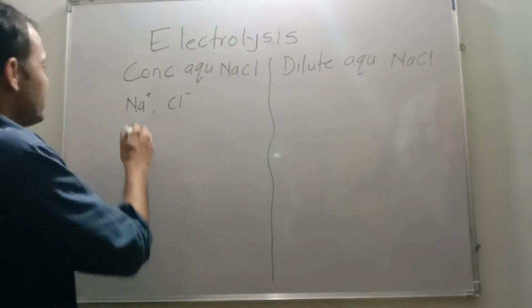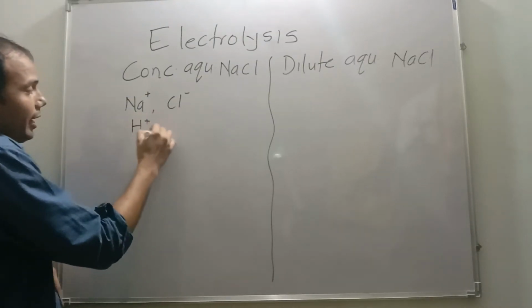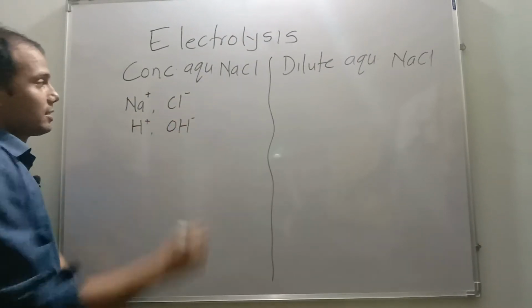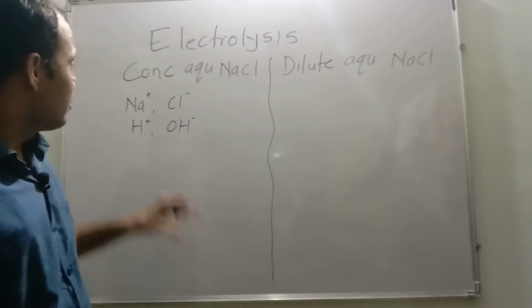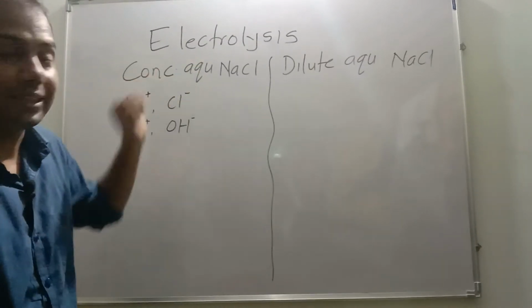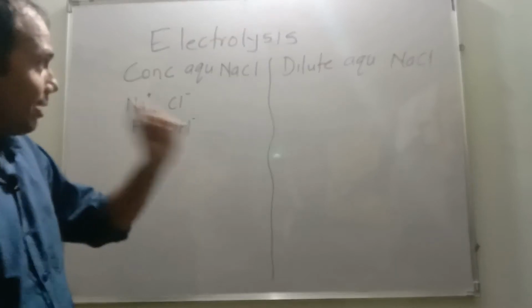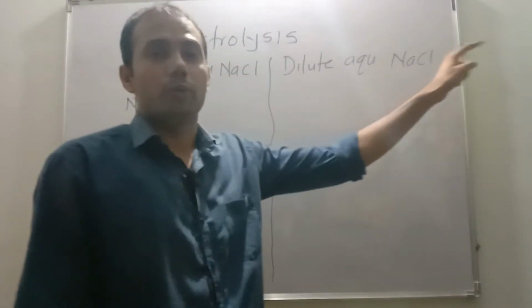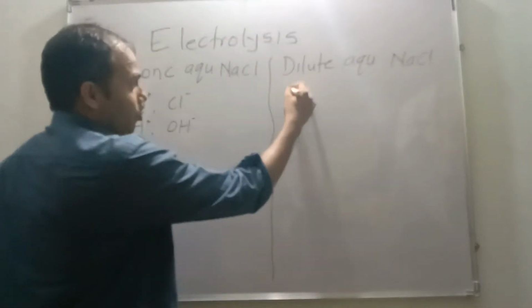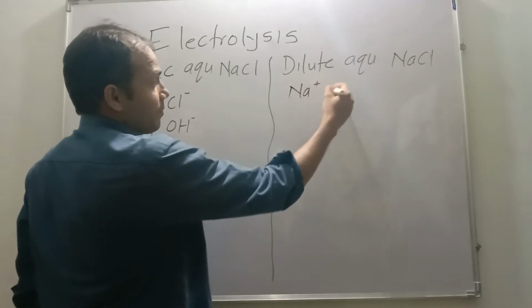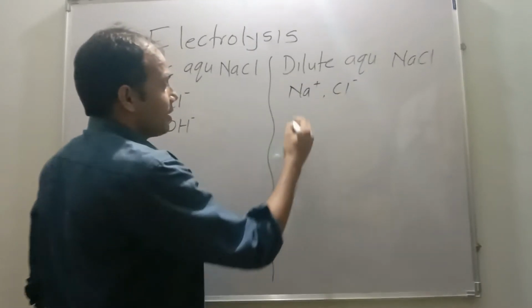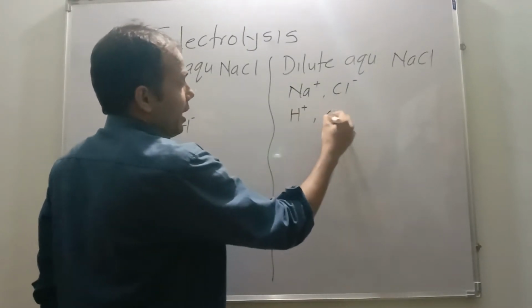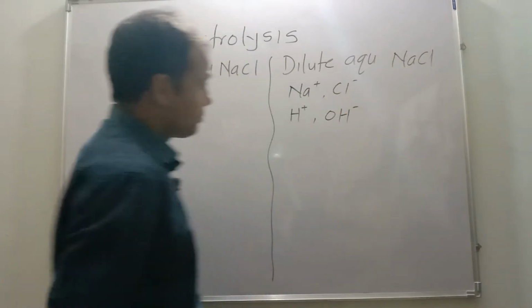So there is H+ and OH-. So there are four ions present in concentrated aqueous NaCl. Same in the case of dilute aqueous NaCl, there are the four ions: Na+, Cl-, H+ and OH-.